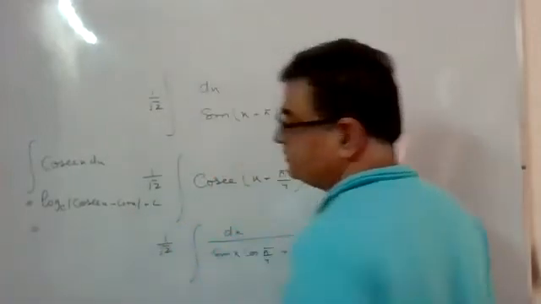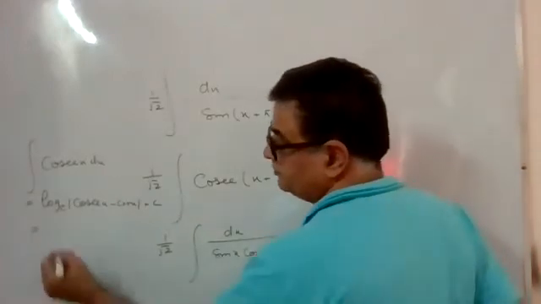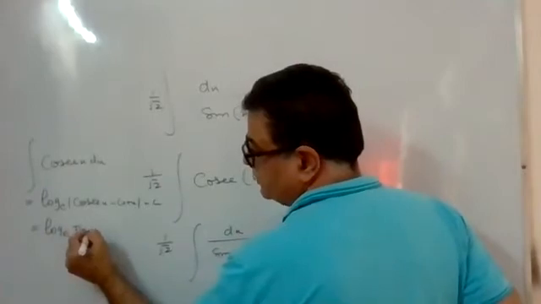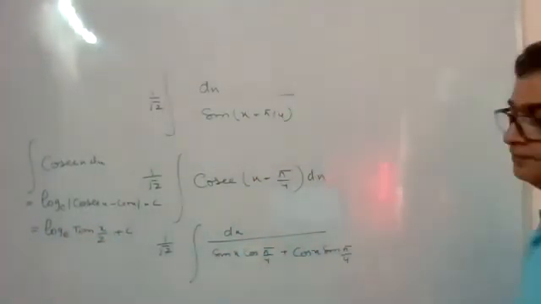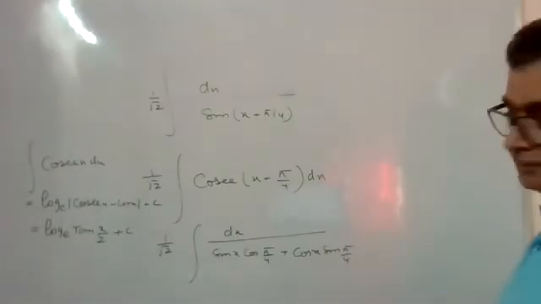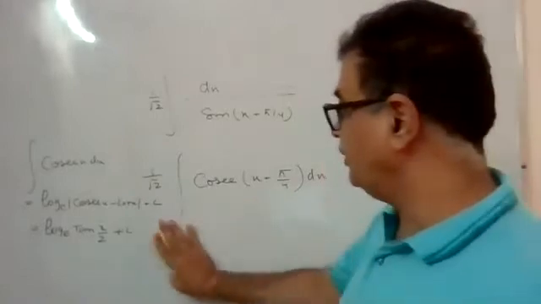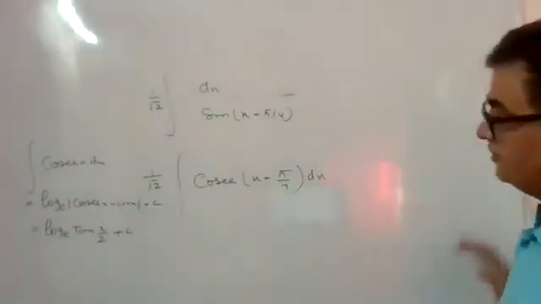What was the second answer? Log tan x by 2 plus c. Right? This was also the formula here. So it's better we will use this formula this time. It will be much easier.